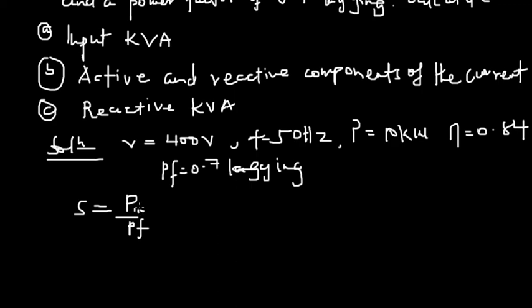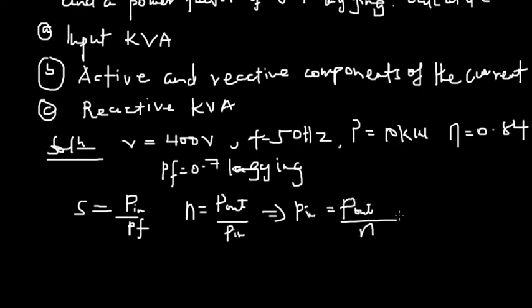This actual power is also our input power. From our efficiency, we know that efficiency is the power output divided by the power input. So we can find our power input as the power output divided by our efficiency.